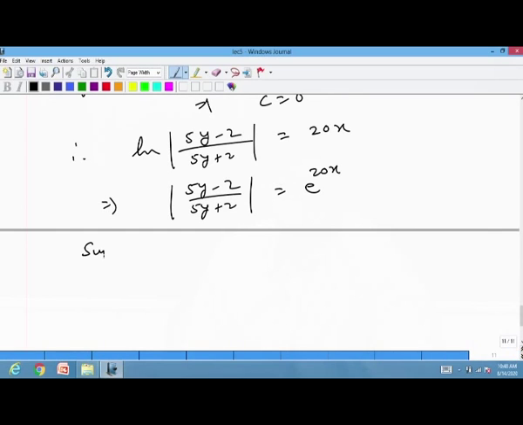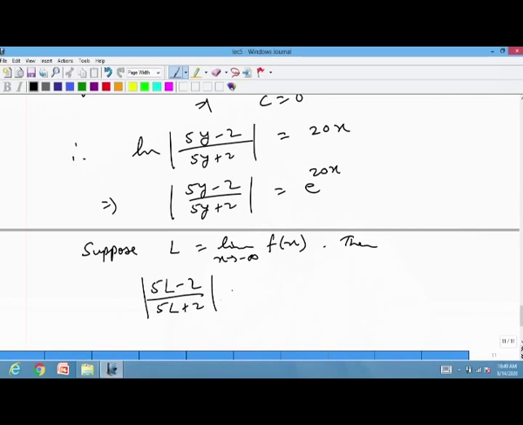Now, suppose L is equal to limit x tends to minus infinity of f of x, then if we take the limit as x tends to minus infinity, we get mod of (5L minus 2) by (5L plus 2) equal to limit x tending to minus infinity of e to the power 20x, and this limit is equal to 0.